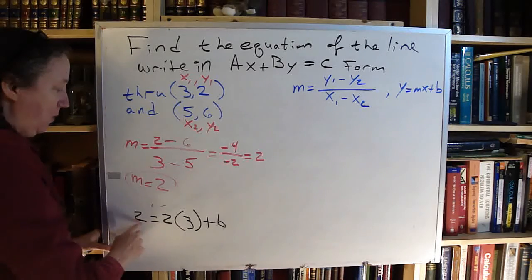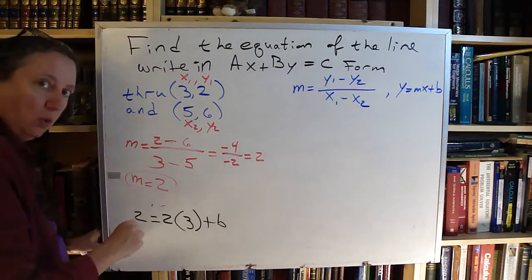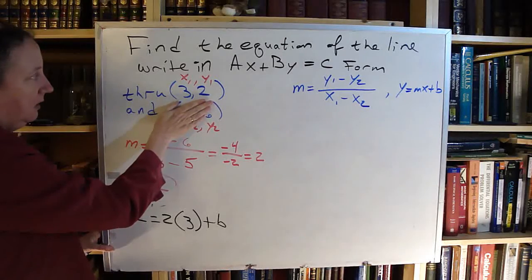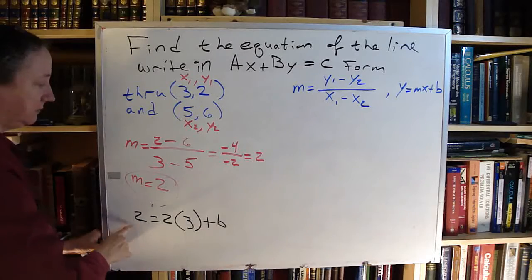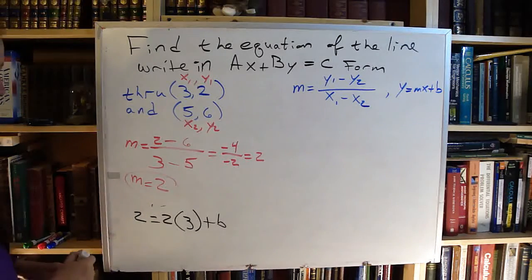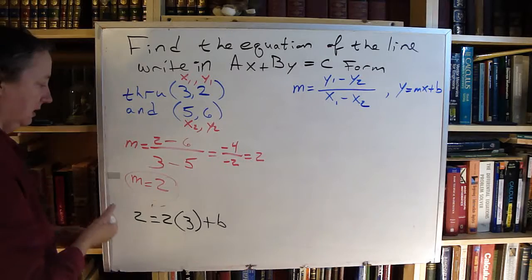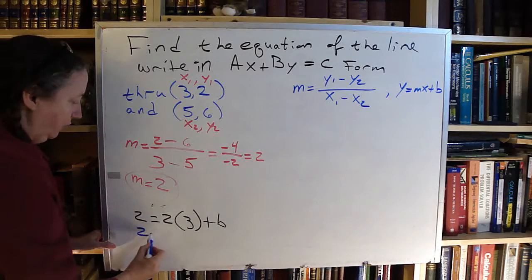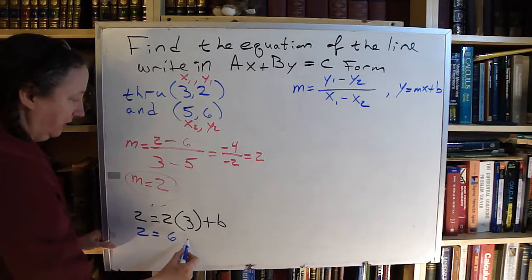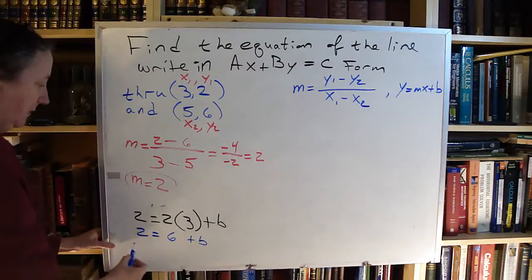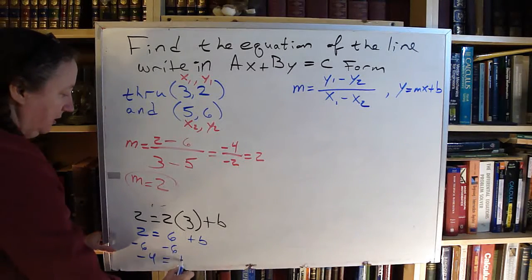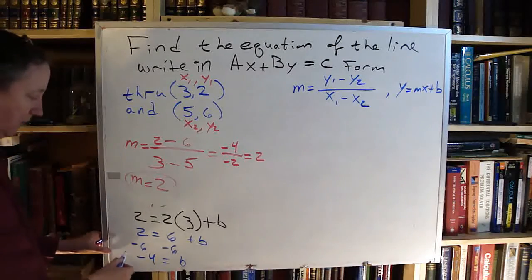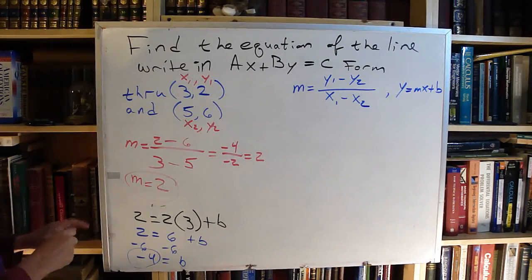My x and my y, are they both the same point? (3, 2). X is 3, y is 2. I'm good to go. So I have 2 equals 6 plus b. Subtract the 6 over. Negative 4 equals b. More important information there. Negative 4 is b.